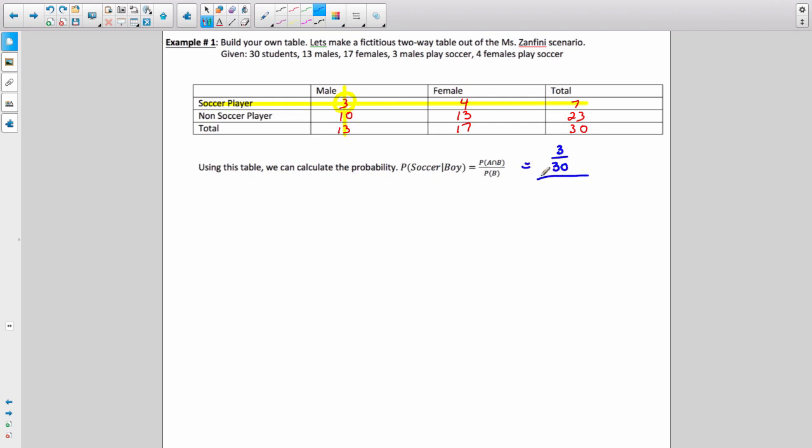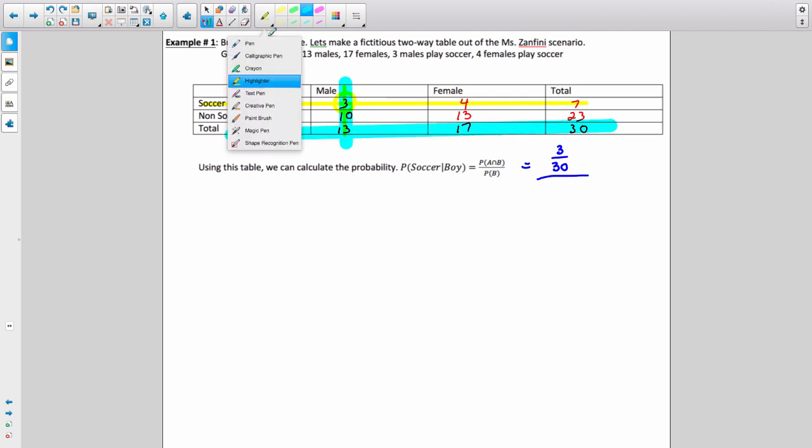Now what's the bottom? Probability of boy or male. So the probability of male is right here. We have male is 13 out of 30. So let's write that in.